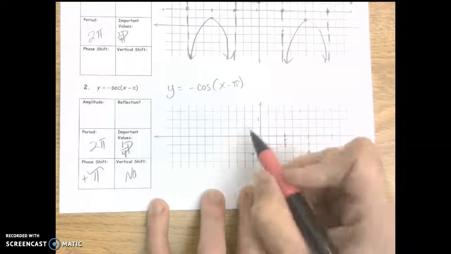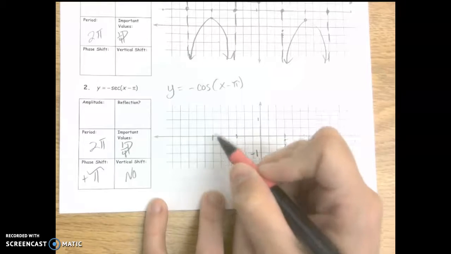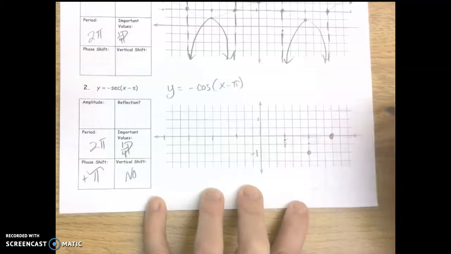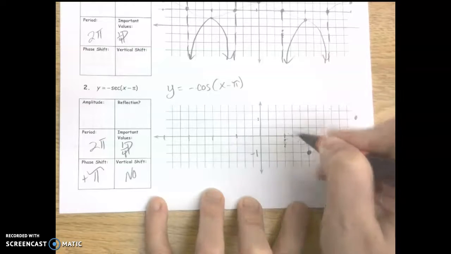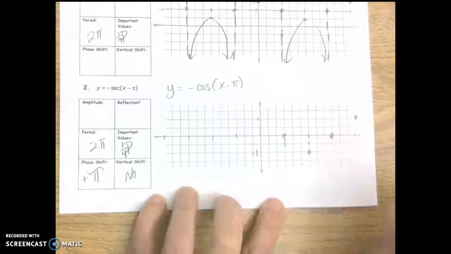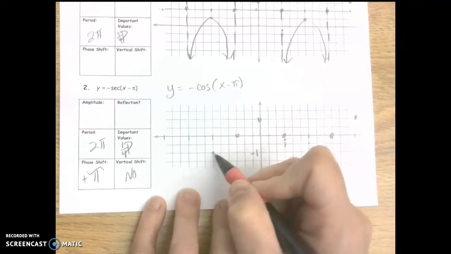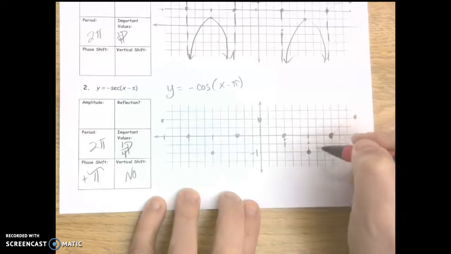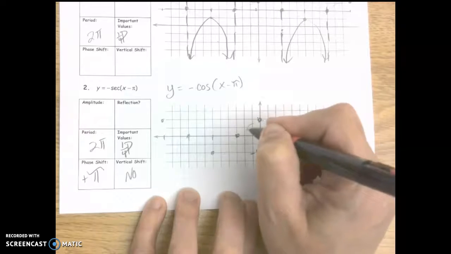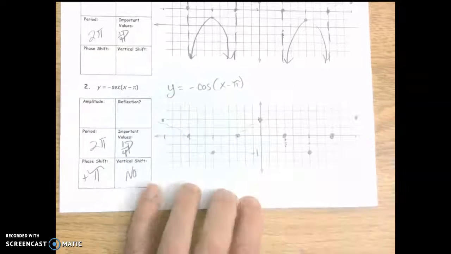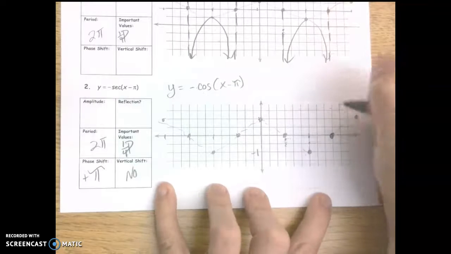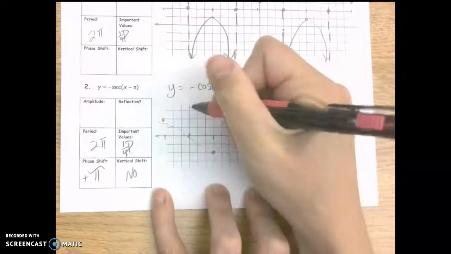Since the midline is the x-axis, I can pre-mark those. So I'm going to have a max, and then I go 0, max, a 0, a min, a 0, a max. Okay, so there's my function. Again, every 0 is an asymptote.